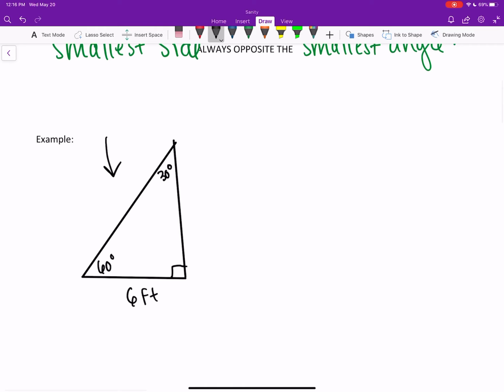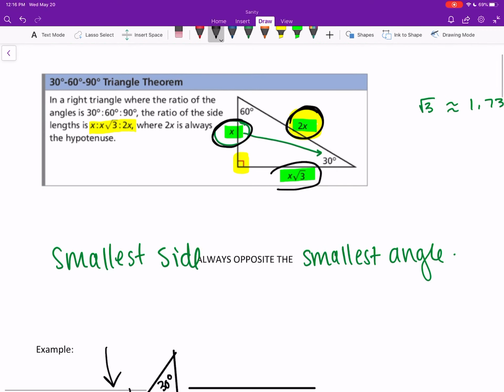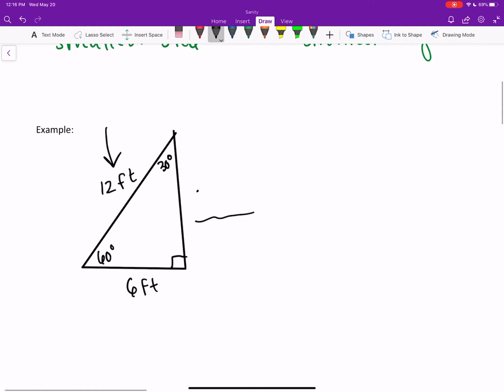So double 6 is 12 feet. My hypotenuse would be 12 feet. The other leg would be x times the square root of 3, so if x is 6 feet, we have 6 times the square root of 3.